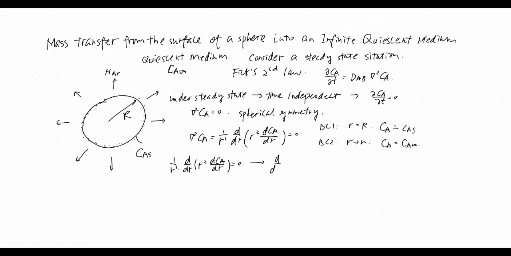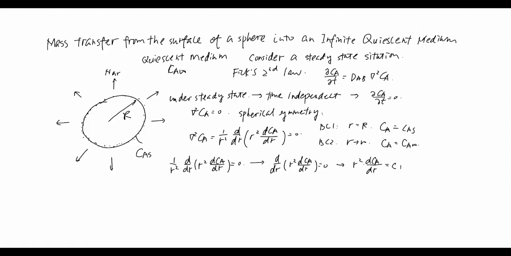So this expression equals 0. That means a derivative with respect to r, the independent variable, gives you 0, so the function itself is a constant, C1.